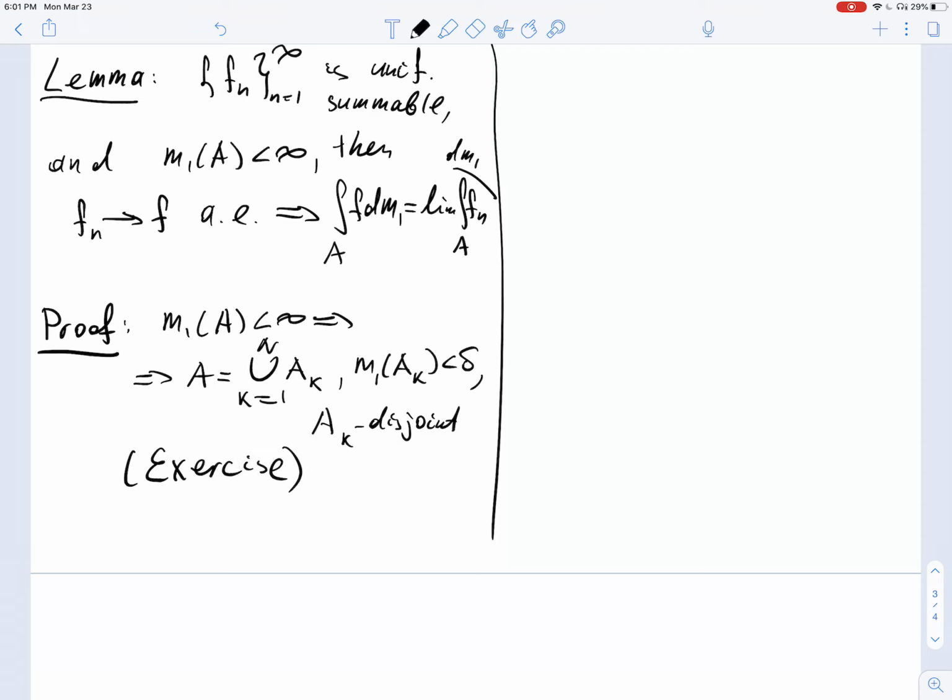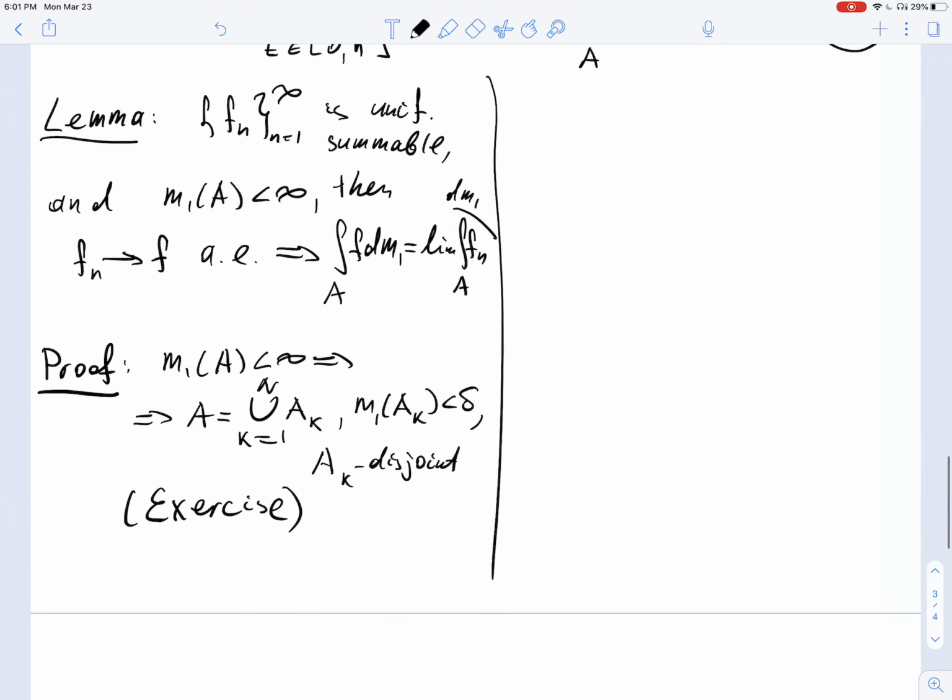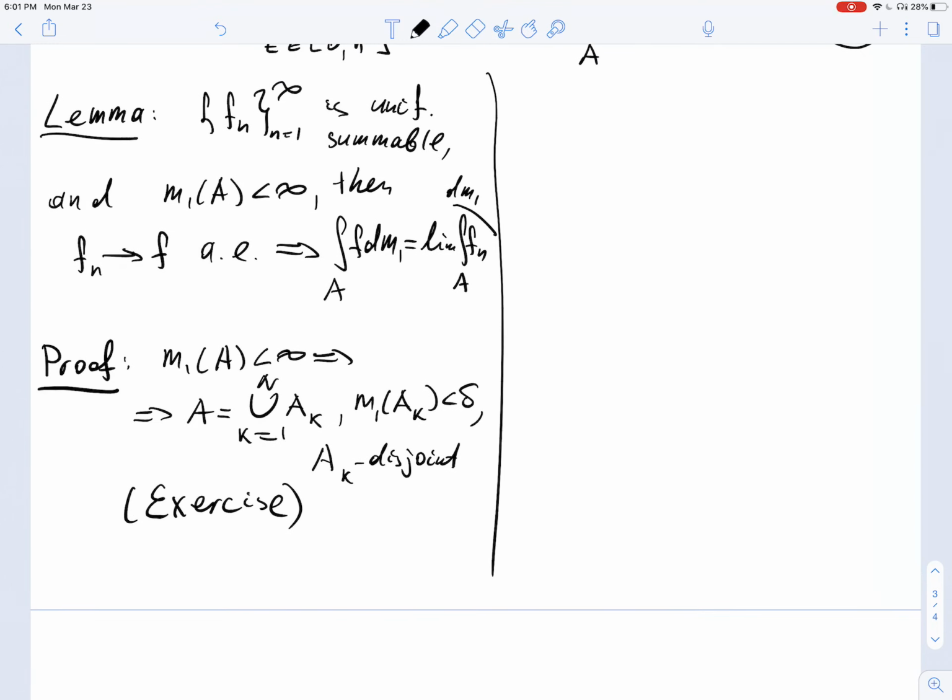It's almost obvious, especially obvious if A is a bounded set. If A lies in some huge interval, then this is very easy, just split this interval into many pieces. But A theoretically can be infinite, unbounded, and still have finite measure. Then you need to be a little bit careful. So then you need to find this huge interval that works first.